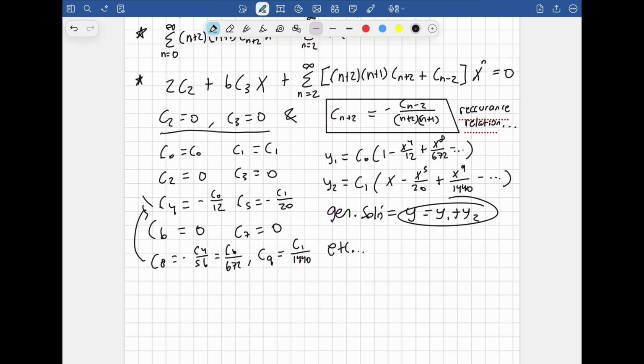This one relies on that one, and hence C6 and C2 are 0. Same thing on this side right here. And yeah, that is the end of finding power series solutions to second order differential equations near ordinary points.